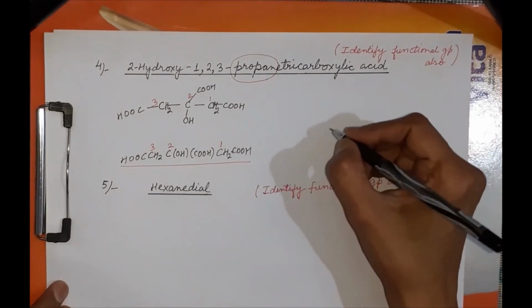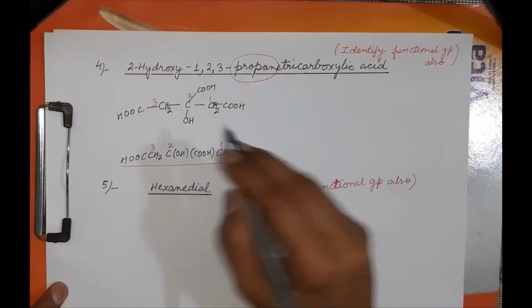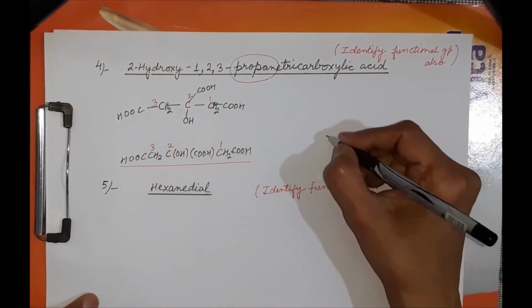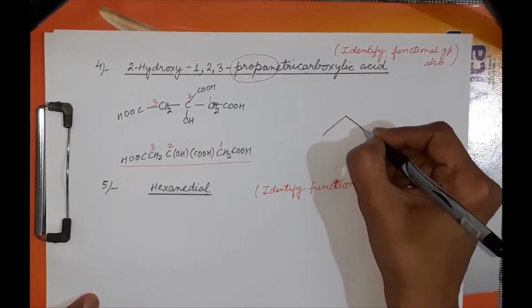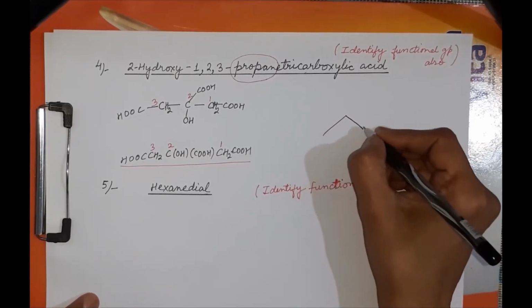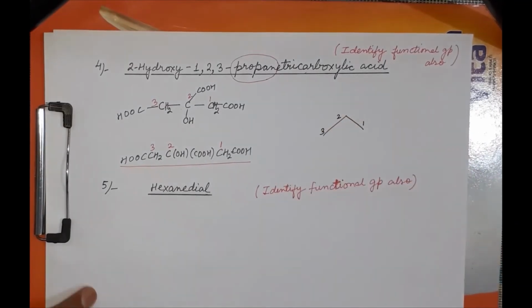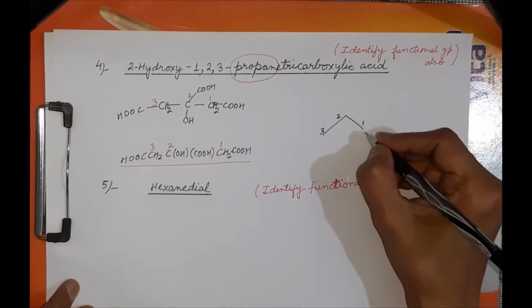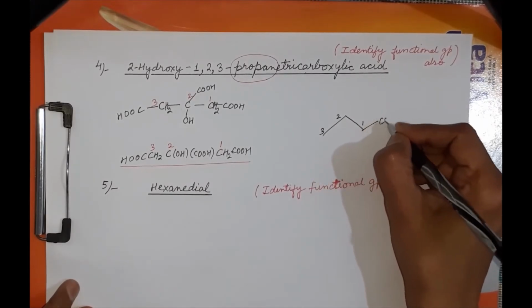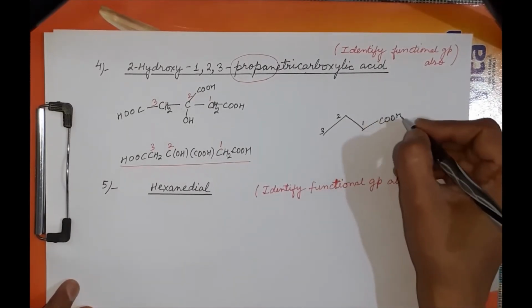Now coming to the bond line formula. First write the 3 carbon atom parent chain. So it is like this. This is the number 1 carbon, number 2 carbon, and number 3 carbon. The first carbon is attached to one COOH group, so it will be written simply like this.